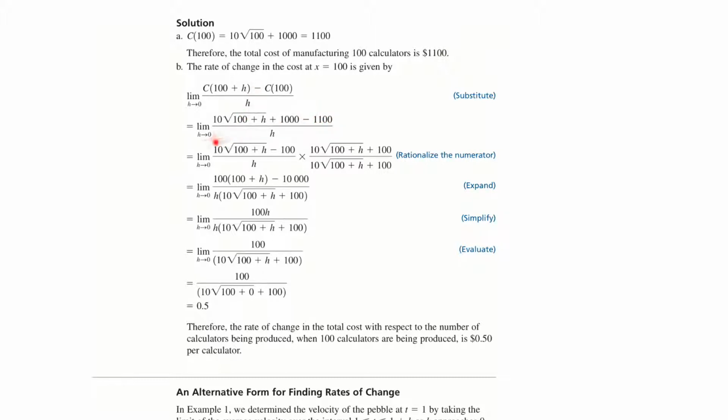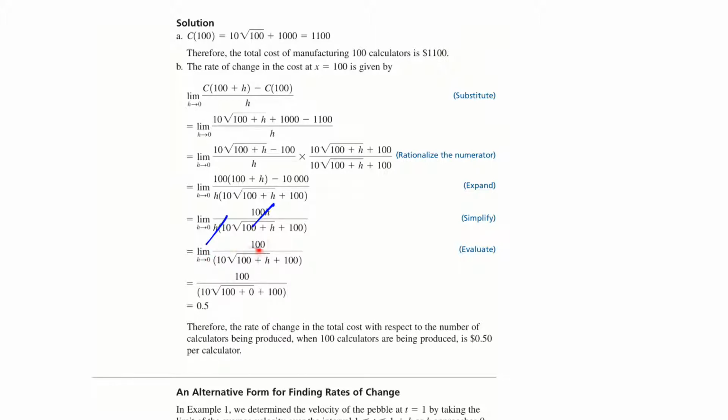Therefore, the rate of change would be the limit of 10 square root of 100 plus h minus 100 over h as h approaches 0. To find this limit, we multiply by the conjugate of the numerator and divide by the conjugate of the numerator. We use difference of squares, collect the like terms, and reduce the fraction by h.